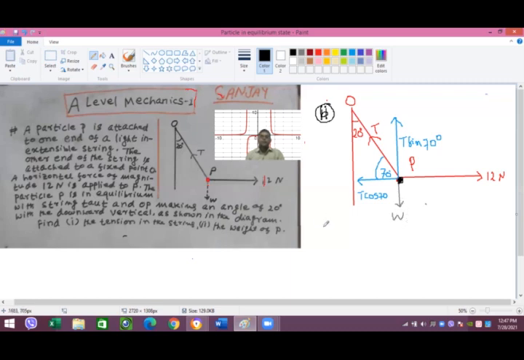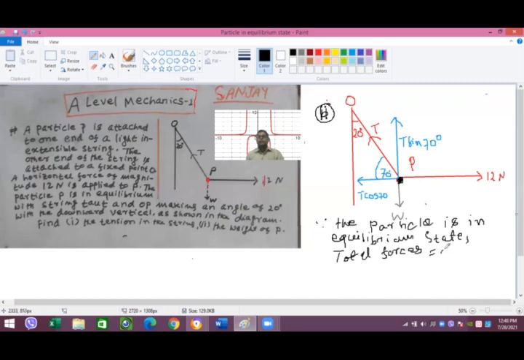So since the particle is in equilibrium state, the sum of the total forces is again 0.